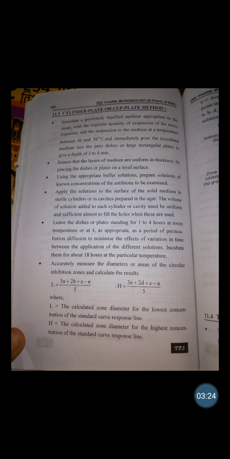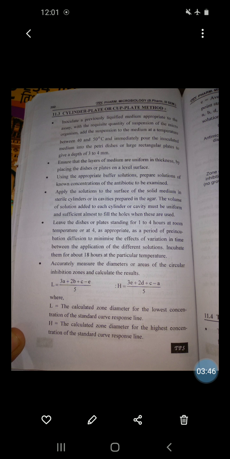Add the suspension to the medium at a temperature between 40 and 50 degrees Celsius, and immediately pour the inoculated medium into petri dishes or large rectangular plates to give a depth of 3 to 4 mm.